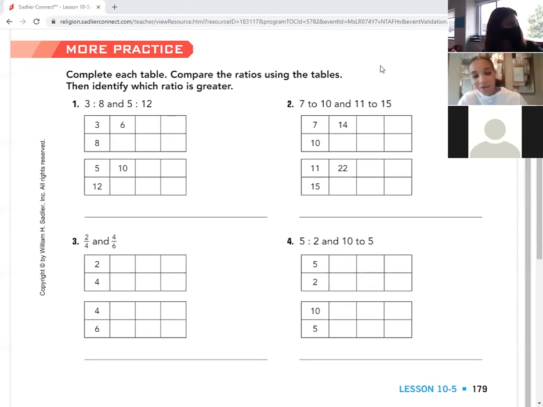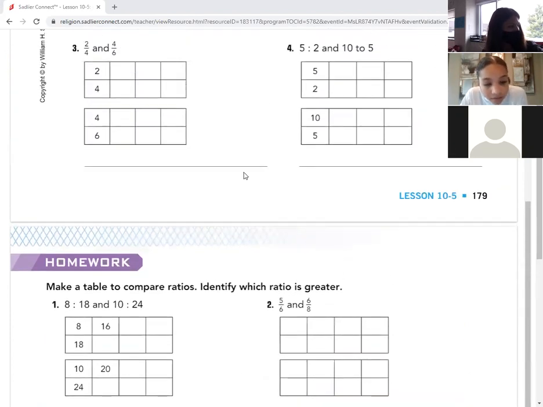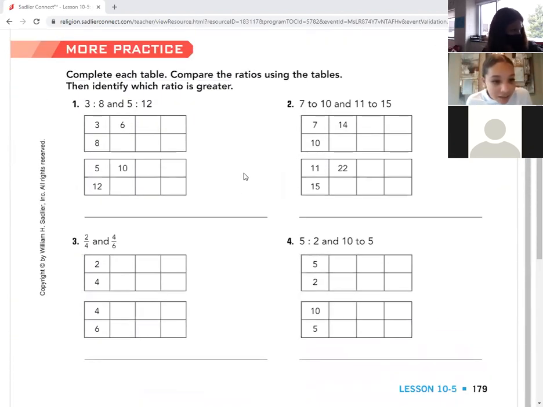I have a question about this assignment. Okay, go ahead. I don't really get it, so can you try one of the problems with me? The ones that we did on this page are exactly the same. Remember that ratio table thing we did yesterday, Paige? Yeah, but I didn't really get that.